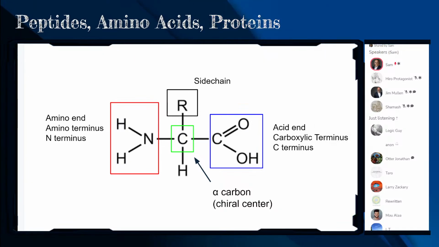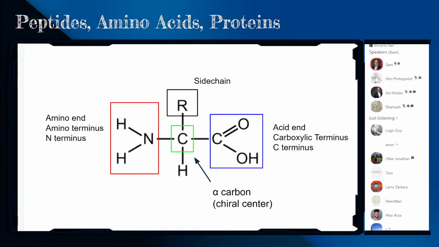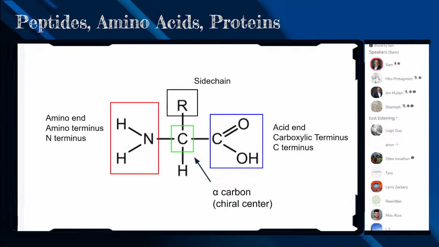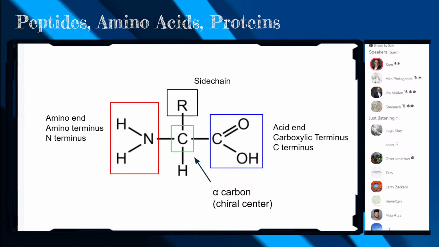The conventional direction of the protein sequence is N to C. That's why all the amino acids I show on these slides are in that format, with N on the left and C on the right.